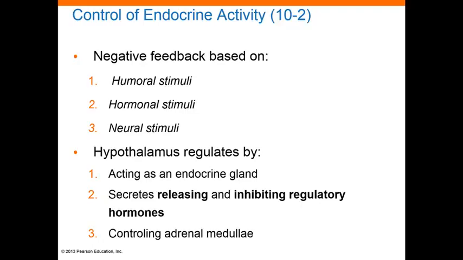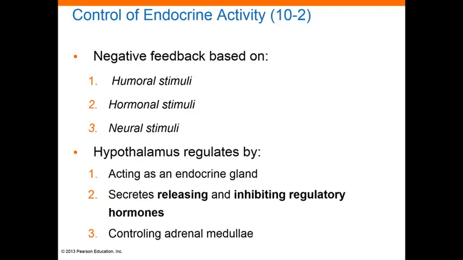Endocrine activity, specifically hormonal secretion, is mainly controlled by negative feedback mechanisms, meaning a stimulus triggers the production of a hormone whose direct or indirect effects reduce the intensity of that stimulus. In the simplest case, endocrine activity may be controlled by humoral stimuli, or changes in the composition of the extracellular fluid.